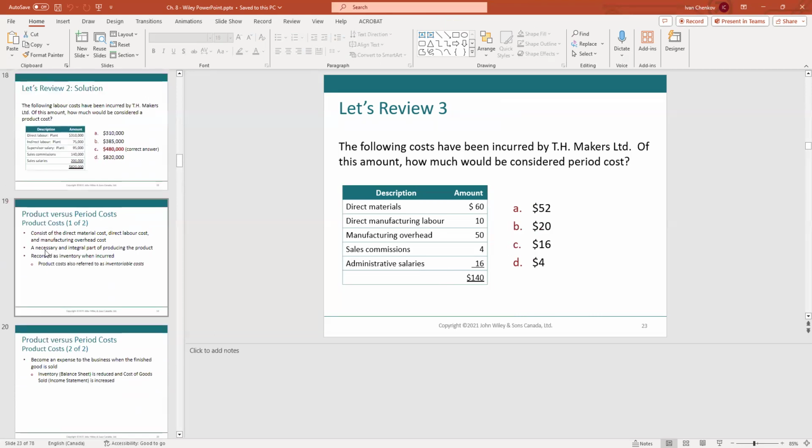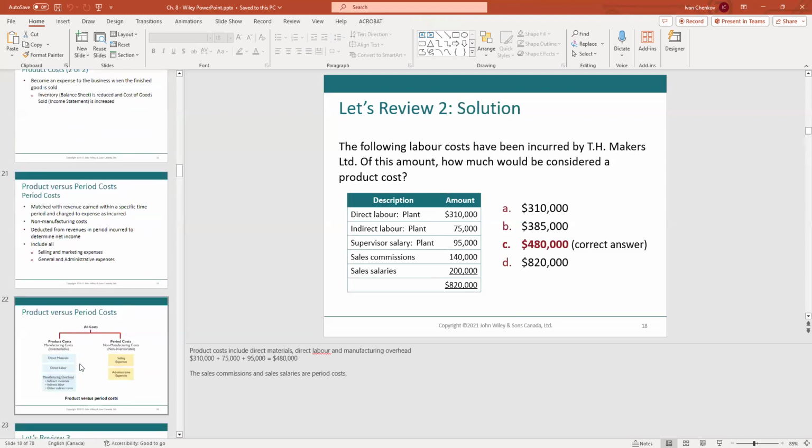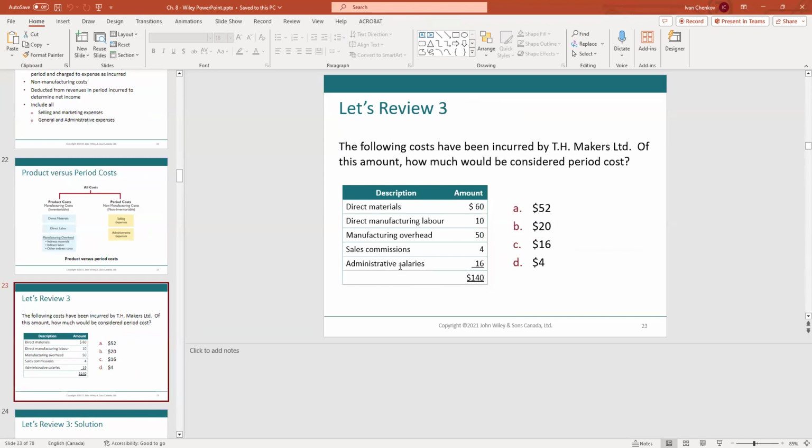But as you can see here, you see here, supervisor salary plant, that's production. If it says here, salary supervisor manufacturing, product cost. When it says only administrative sales, period cost.